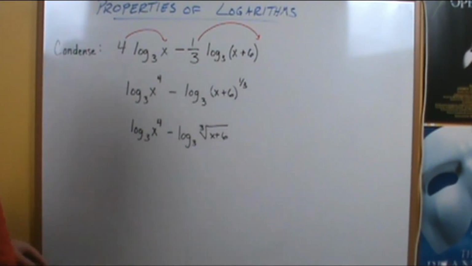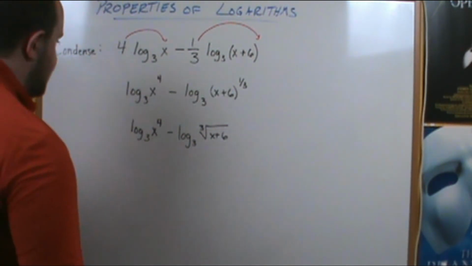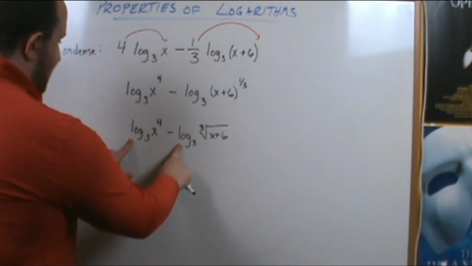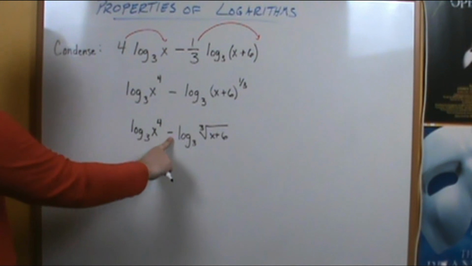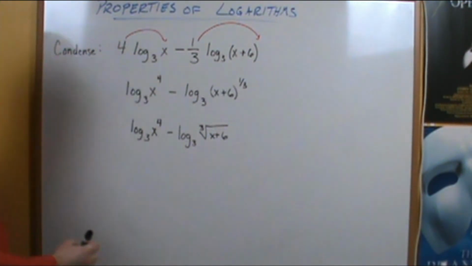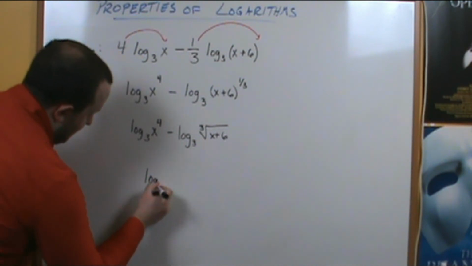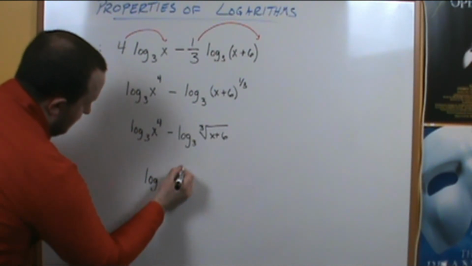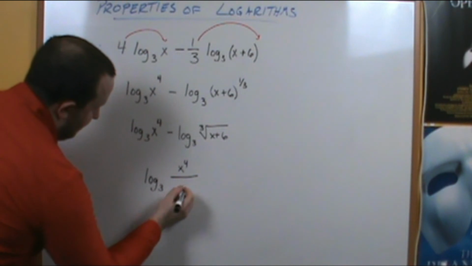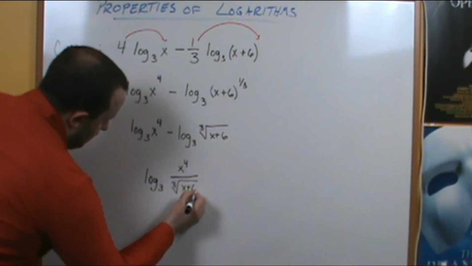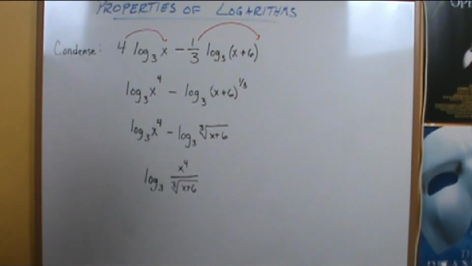If they're not the same base, then you can't use the properties that we talked about earlier. We have the two logarithms with the same base separated by a subtraction sign, so that's going to indicate the quotient property. So we'll rewrite this as the log base 3 of x to the fourth divided by the cubed root of x plus 6.